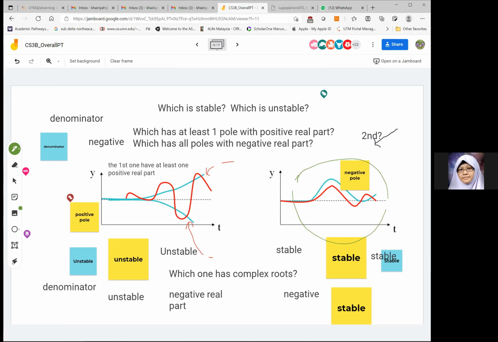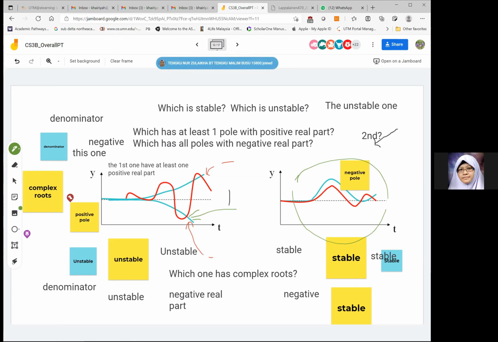What about the one on the left? The unstable one, yeah? But this is also unstable. The other curve is also unstable. Does it have complex poles? Which one has complex poles, the first or the second?